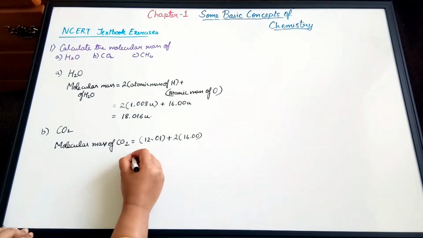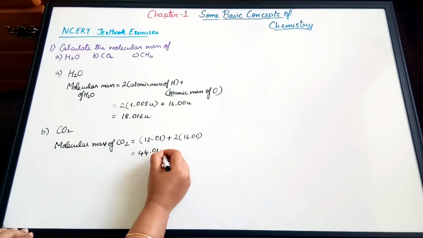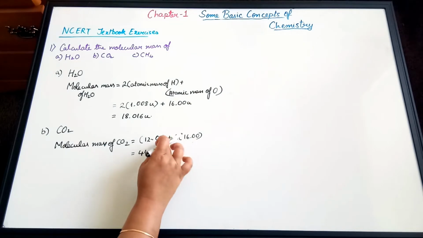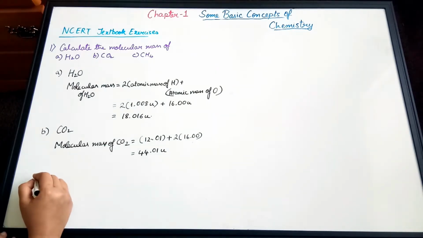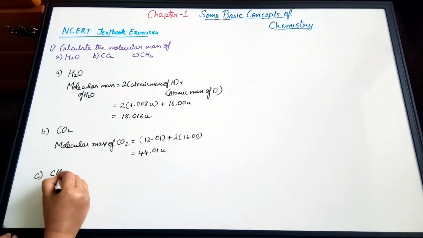And when this is simplified, we get a value of 44.01 U, because the individual atomic masses are in U or AMU. If you remember, we studied about this in the atomic and molecular masses.